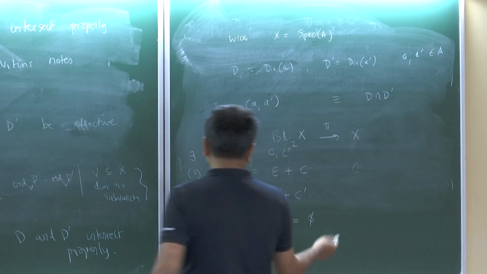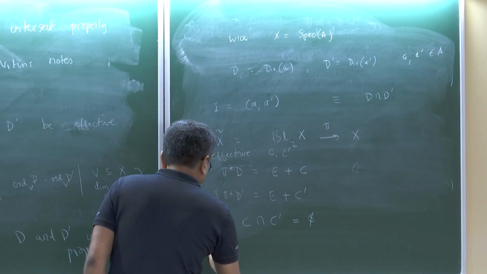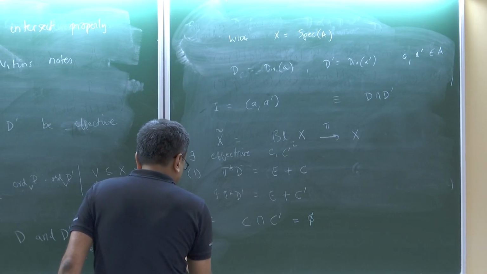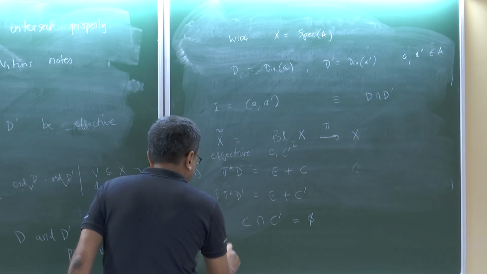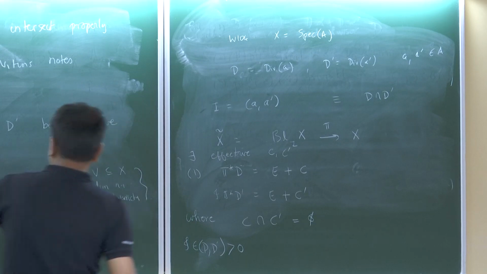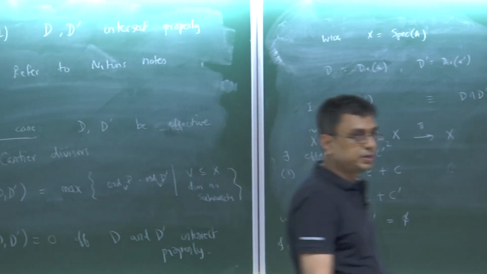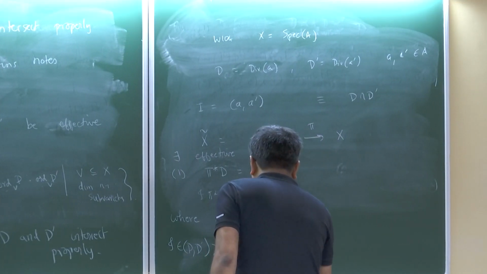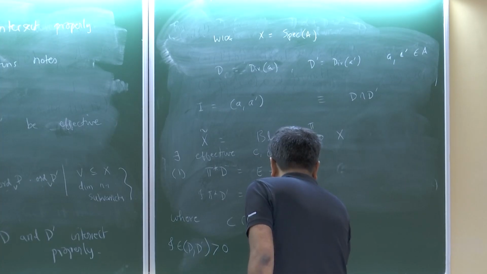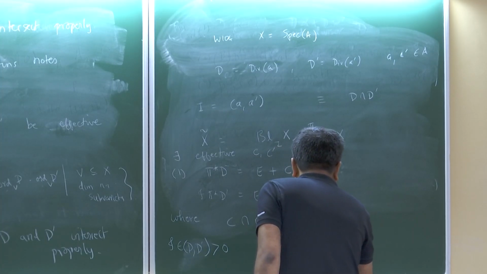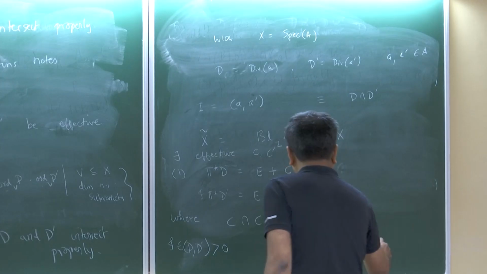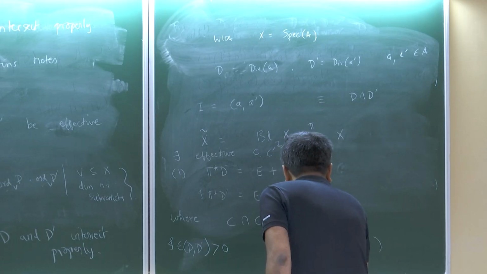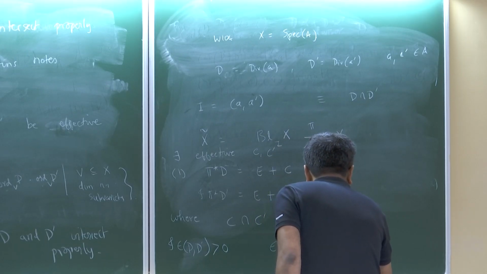And if the excess of D and D dash is greater than 0, which means I am in the case where these divisors are not intersecting properly, in that case the excess epsilon of C, E is strictly less than epsilon of D, D dash, and epsilon of C dash, E is strictly less than epsilon of D, D dash.